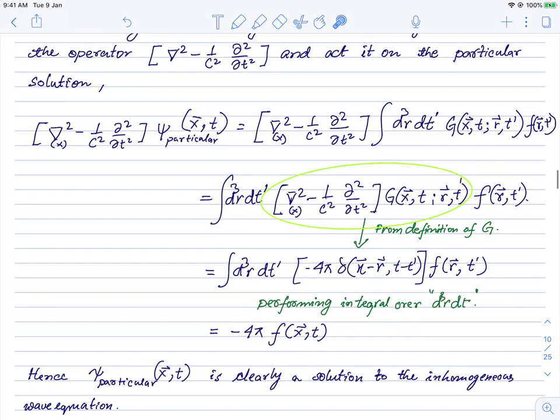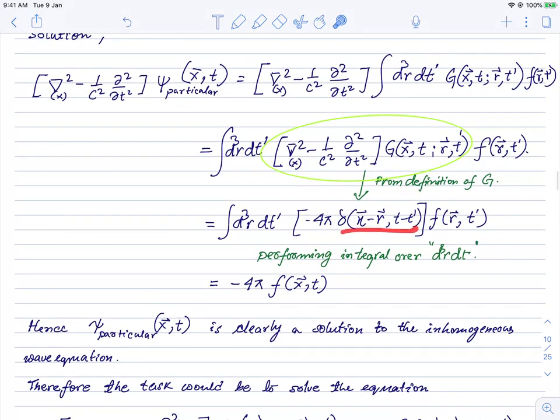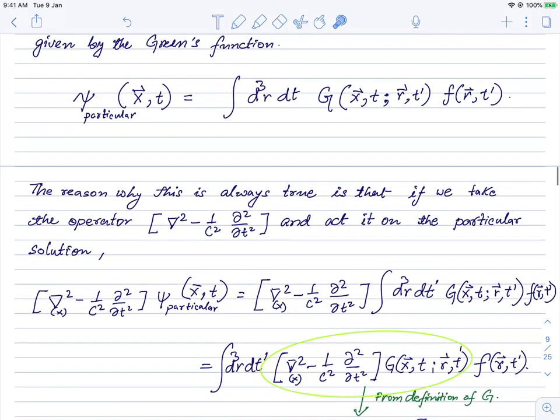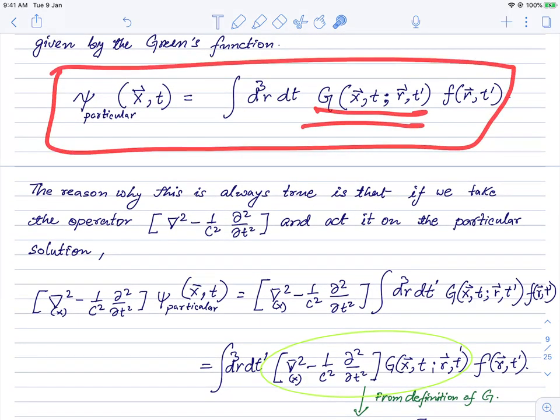If it acts on the Green's function, it immediately gives me a delta function, because by definition the Green's function is a solution to this equation. Once it gives me the delta function, you can perform the integration and the source just comes out. Again, this is a local equation now. This x is the same as this x. So the knowledge of G allows us to immediately write down a particular solution in this form.